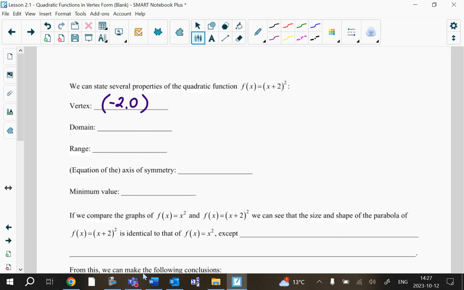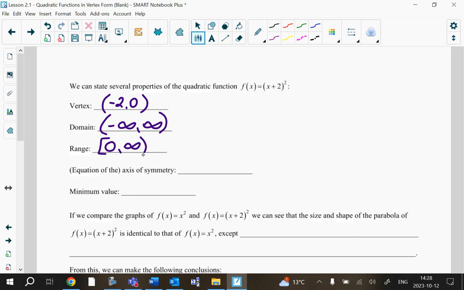What's the domain? It's always the same for everything. Negative infinity to positive infinity, because it goes to the left forever and the right forever. The range can change, or it can stay the same as x squared. 0 to infinity. Now remember, these next two, the equation of the axis of symmetry and the minimum or maximum value, we get these numbers from the vertex.